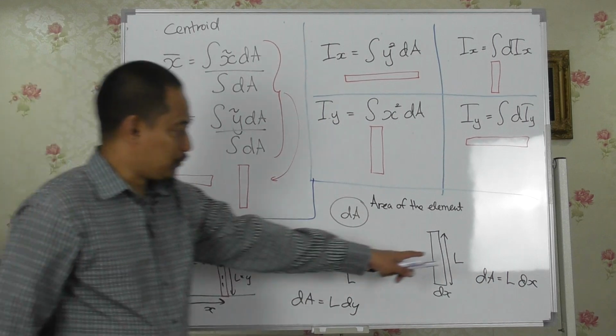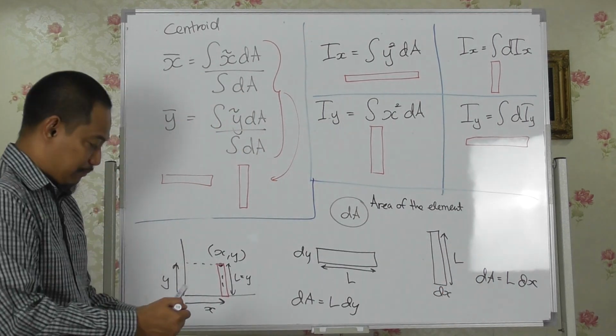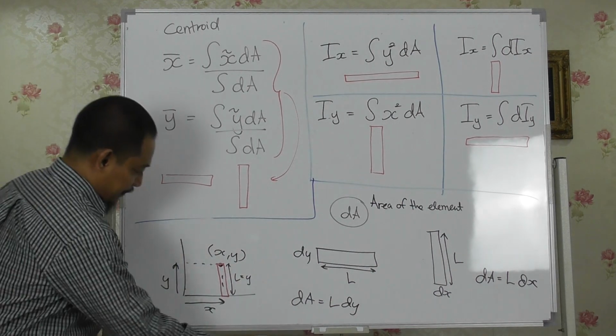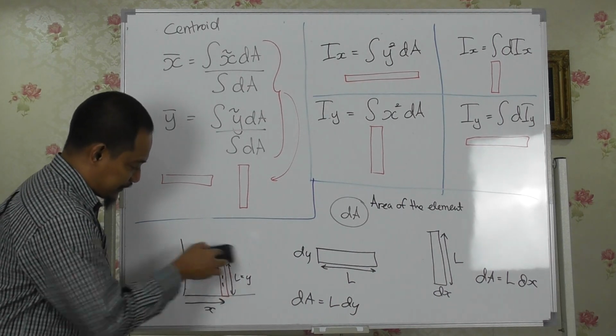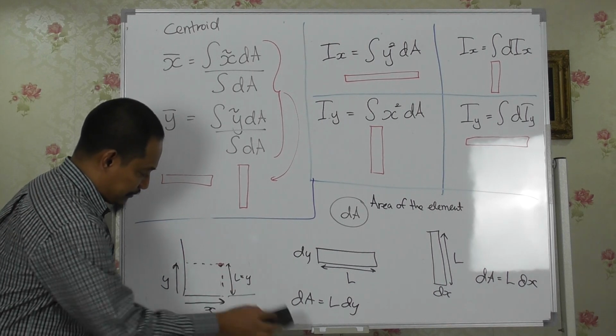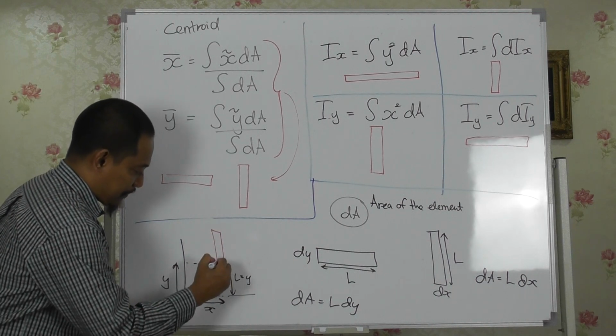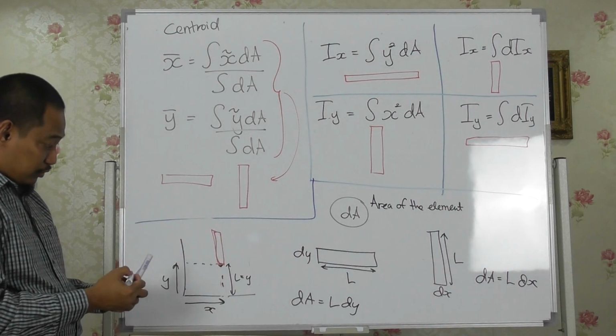So you can get y dx. But if the element is somewhere else, for example, okay, this is still xy, but I'm drawing the element here. The element is here, right?